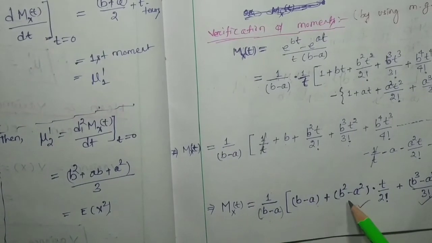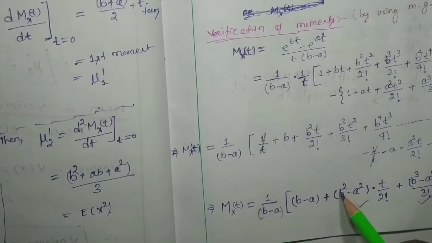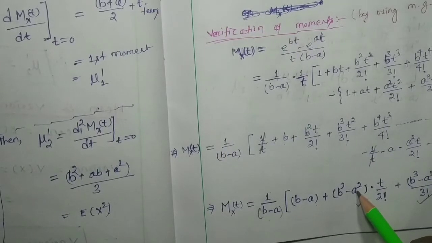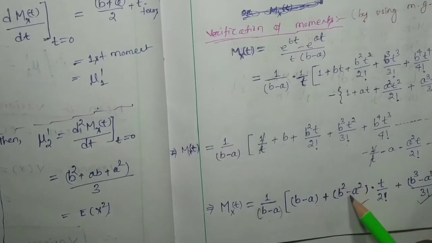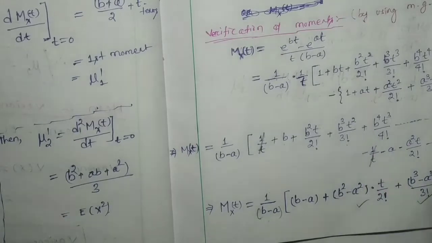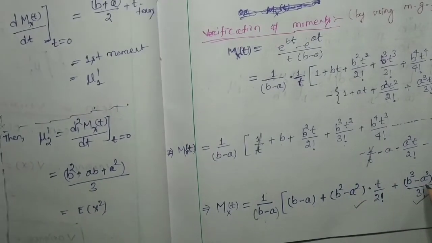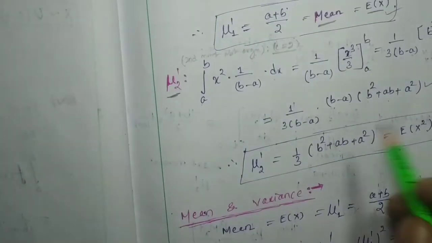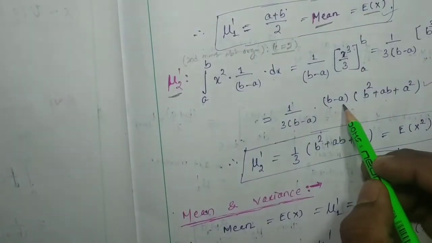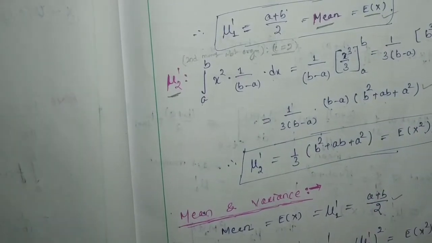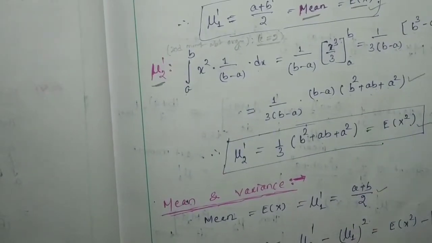This will be how much? Here it is b square minus a square, means b plus a into b minus a. So b minus a got cancelled, we are going to get b plus a. Here b cube minus a cube is there, so b cube minus a cube can be written as b minus a into b square plus ab plus a square. This much can be written.